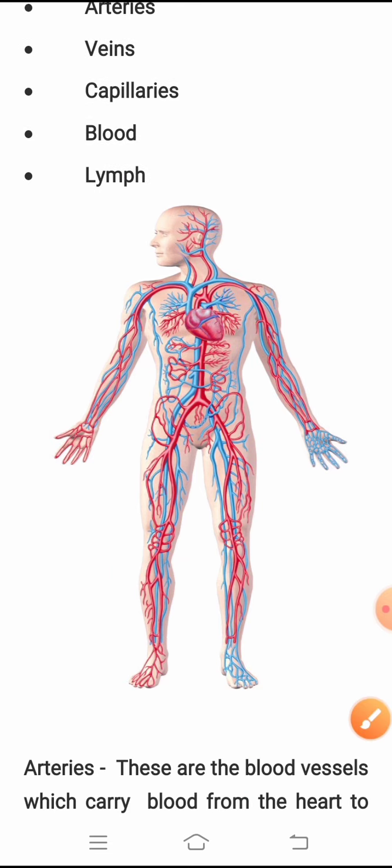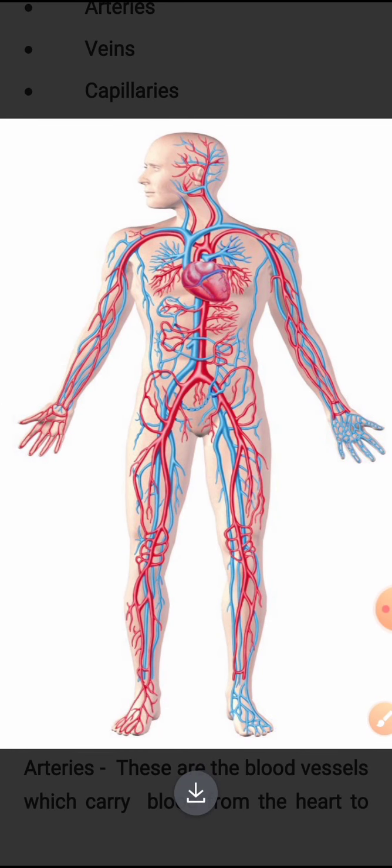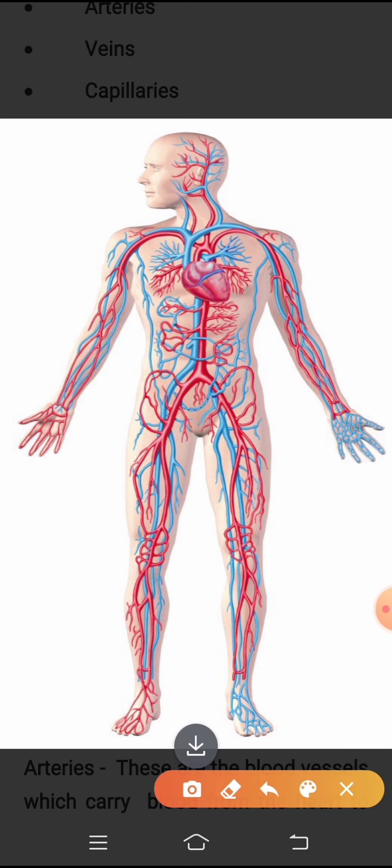Before that, observe this, how the blood is getting transported inside our body. You can see there are two different colors of blood vessels. What are these denoting? The blood vessels which are red in color are rich in oxygen, meaning the blood is rich in oxygen.